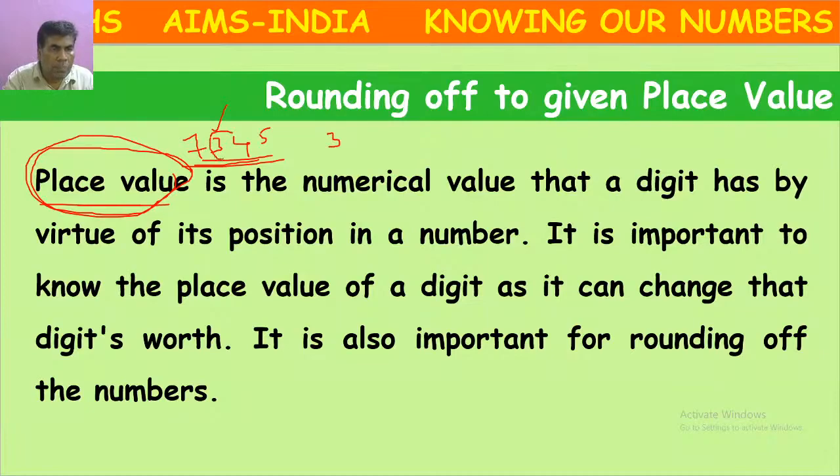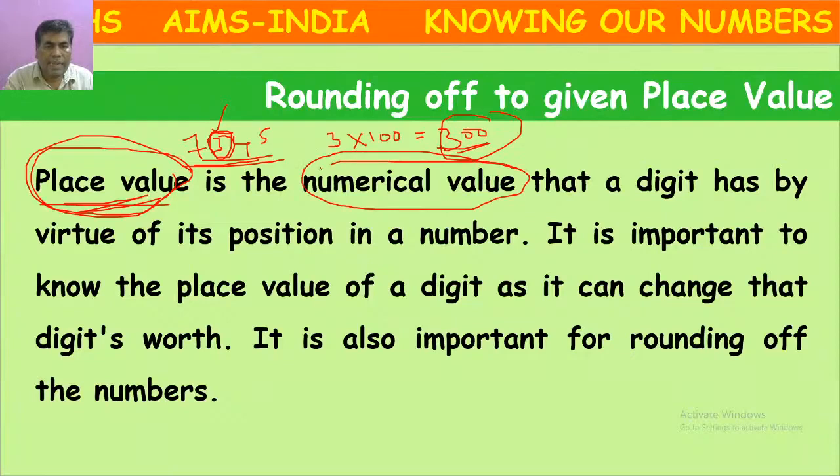According to that position, as it is in the hundreds place, we have to multiply with 100. Its place value is 300. So here place value, like 300, is a numerical value that a digit has by virtue of its position.